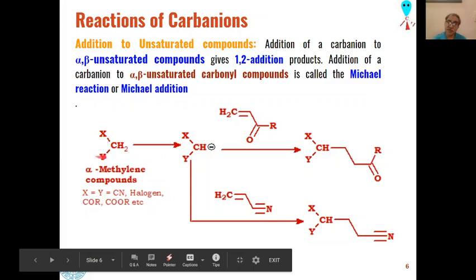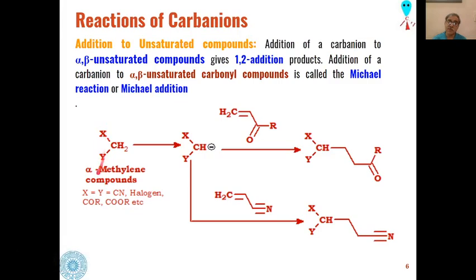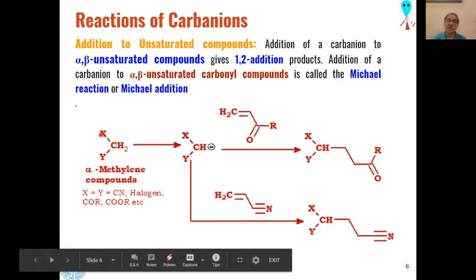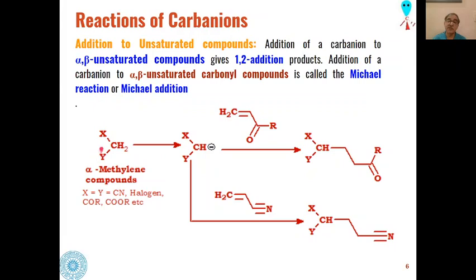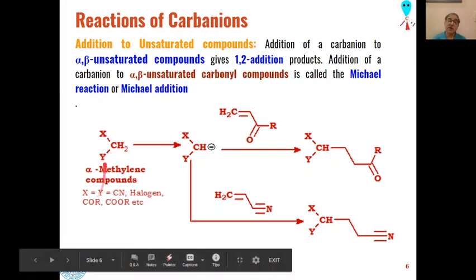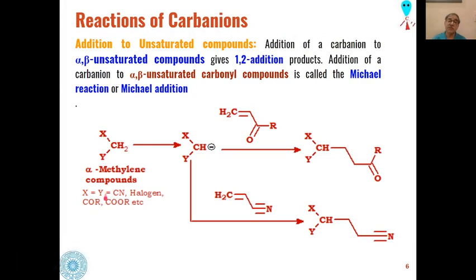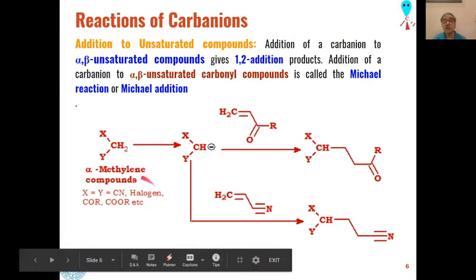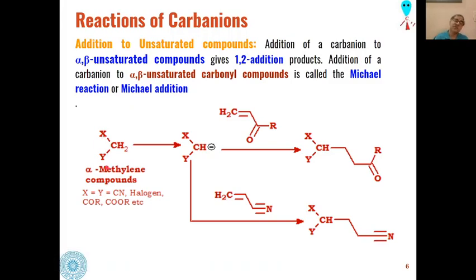X and Y may be the same or different. Say X is CN, Y may be halogen; X is halogen, Y may be COR; or both may be the same or different. But the basic thing is that X and Y should be electron withdrawing groups.